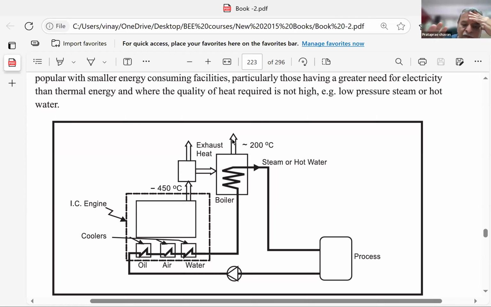Then for that particular period, it will damage my plant. The acid formation will be there. So to be on the safer side, we always keep it around 200 or 250. That is the reason why we are allowing this waste heat to go to the atmosphere. Got it? If you have any questions, you can ask me.